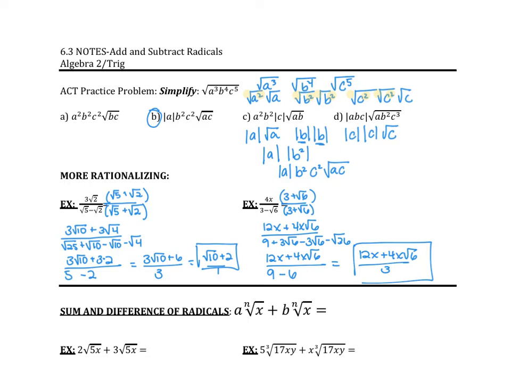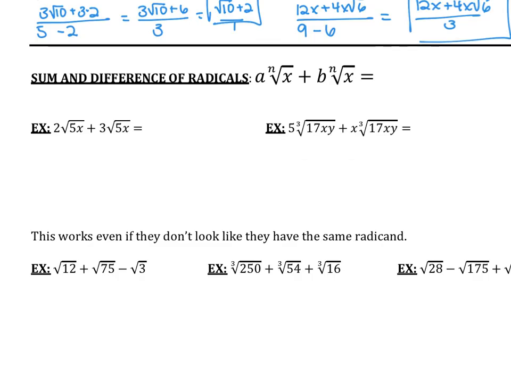Okay, let's move on to the last property we're going to talk about as far as these basic radical properties. Let's look at the sum and difference of radicals. When we look at the sum and difference of radicals, there's a few key things we have to pay attention to.